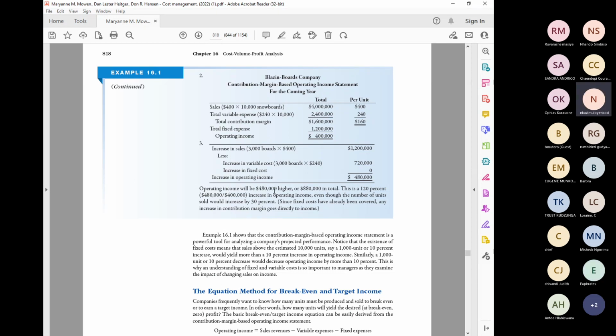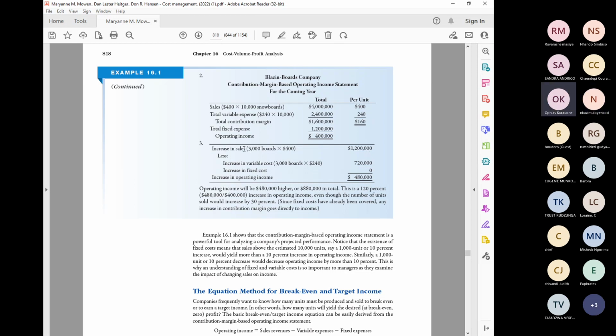Operating income will be 480,000 higher, or 880,000 in total. Okay, we're saying they increased 3,000 boards times the sales price of 400, which gives 1,200,000.